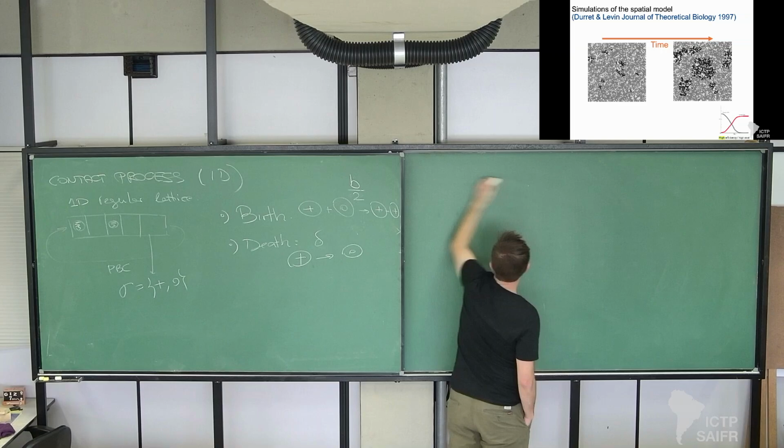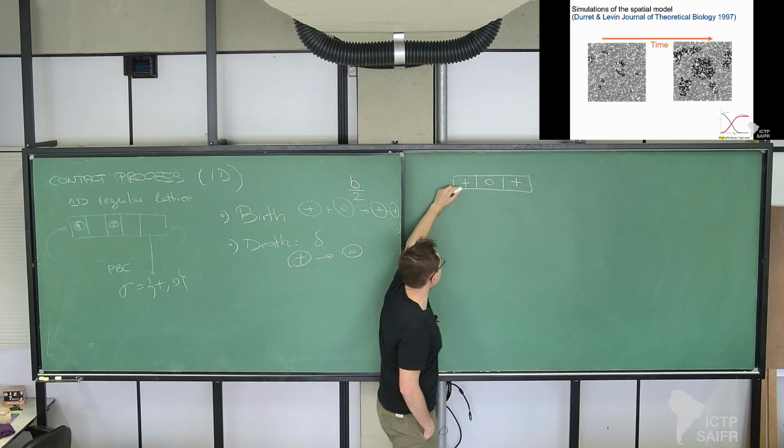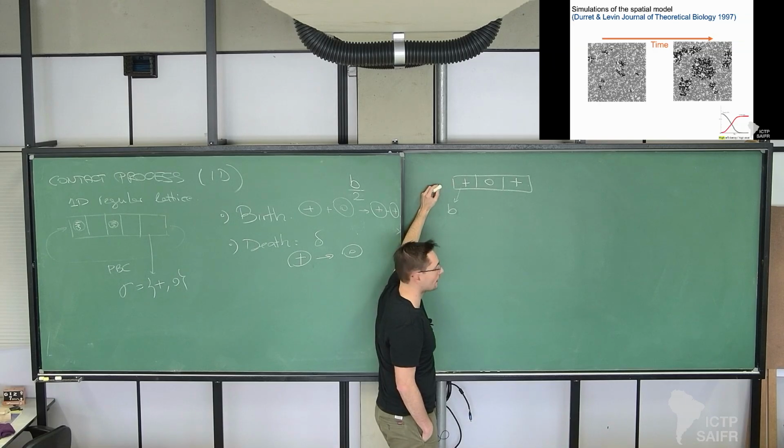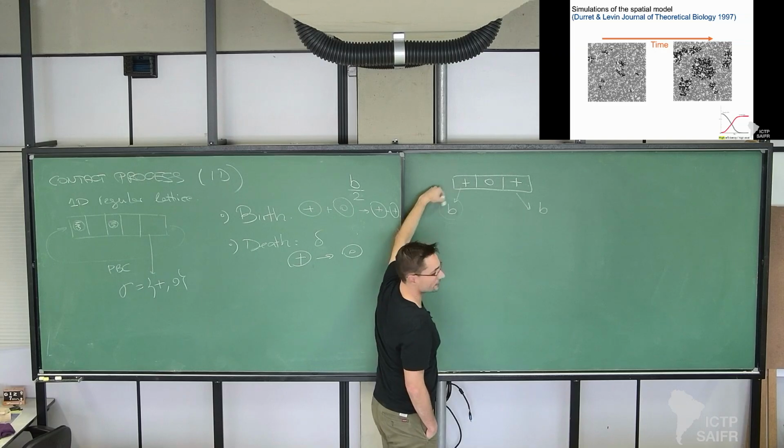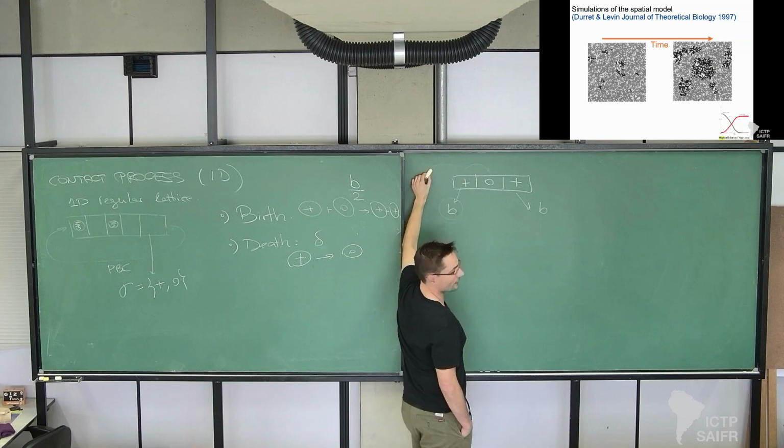A configuration like this. What I'm telling you is that this tree, this plus, creates a seed with rate B. Correct? And this also. This means that whenever this guy produces a seed, whoever is in charge of deciding has to decide whether the seed goes to the right or to the left.